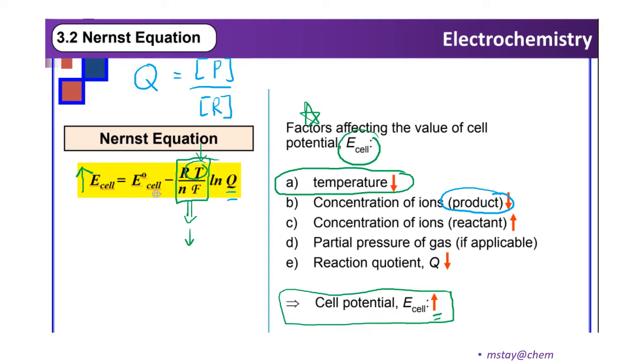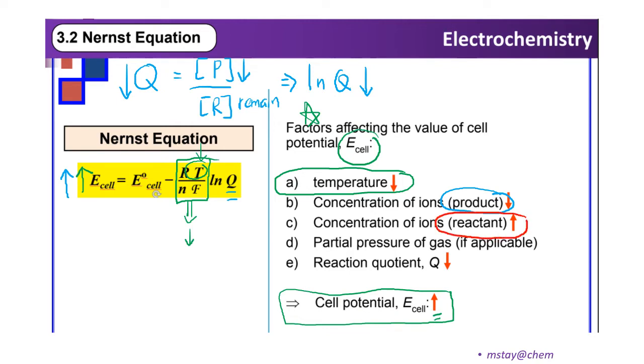So if the concentration of the product is decreasing and the concentration of reactant remains, overall the Q value will decrease. When the Q value decreases, ln Q also decreases, and then it will cause the E cell to increase mathematically.